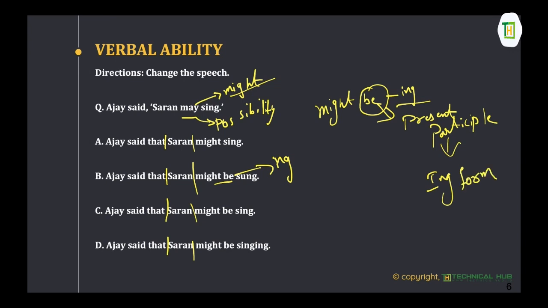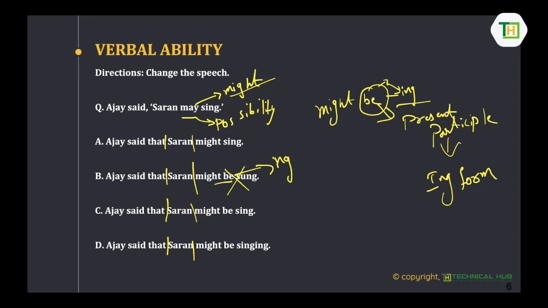I hope you are aware of it. We say I will be coming, but not I will be come. No one says it. I will be sleeping, or I would be sleeping. She could be coming, not she could be come. No one says it. So be is literally an ing form here. So this sentence is wrong.